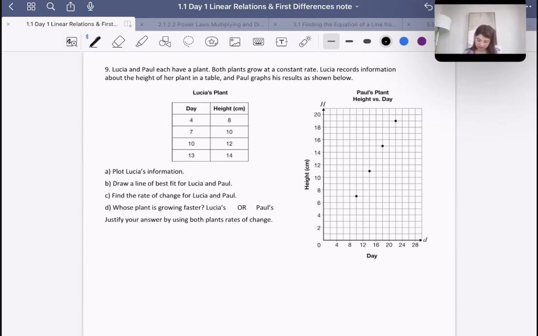Lucia's information. So it actually looks like it is already plotted, is it? No, actually, let's see. Day 4, it's 8. So that would be here. And then day 7 would be 10. So that's here.